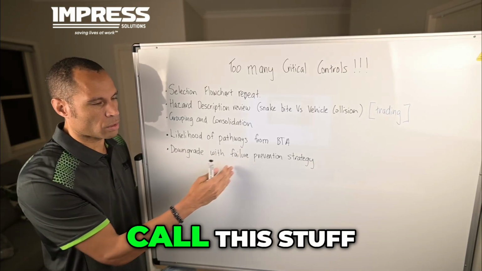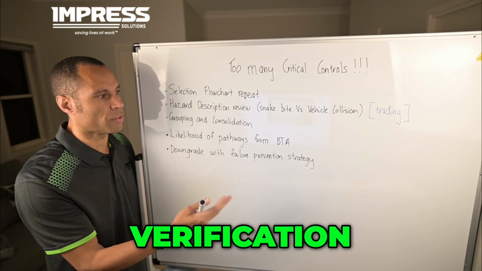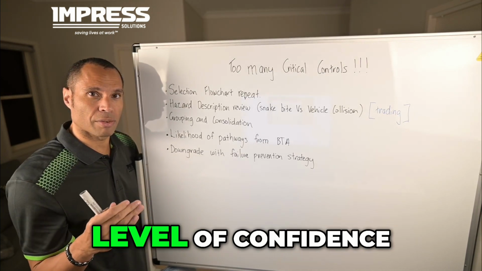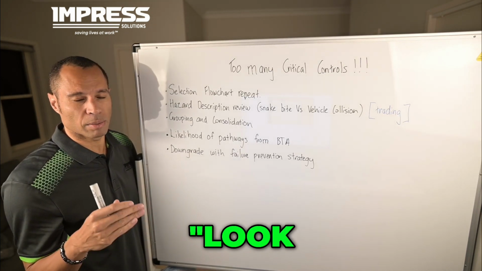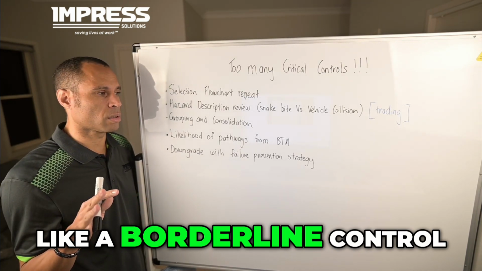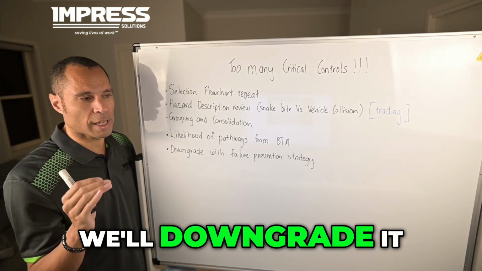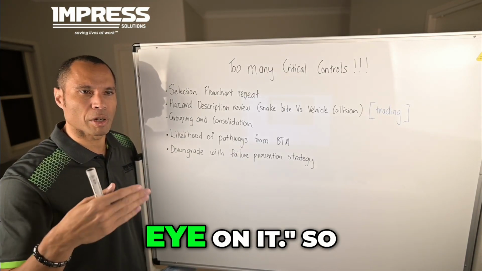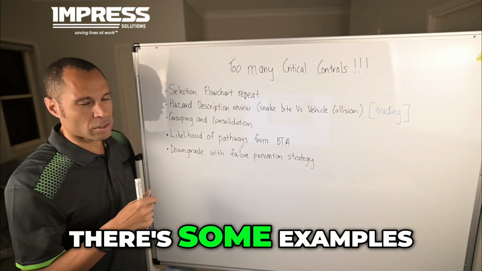So we wouldn't necessarily call this a critical control verification, but it doesn't mean we can't put in some proactive checks just to give us that level of confidence. We think this is a borderline critical control. We'll downgrade it, but we'll give ourselves some confidence by putting in place this check and just keep an eye on it. So there's some examples.